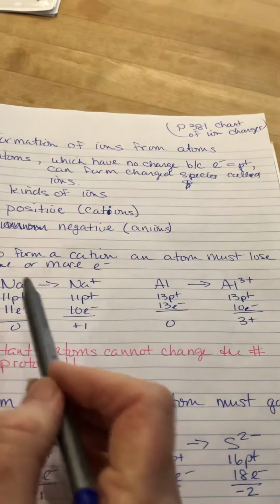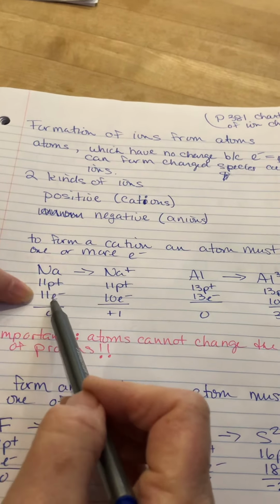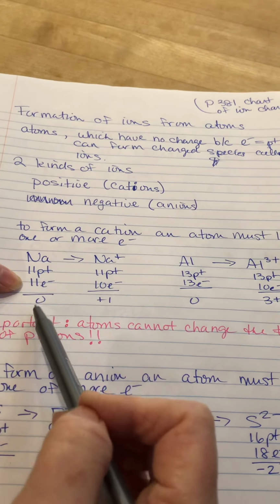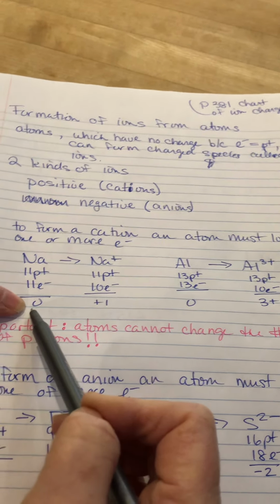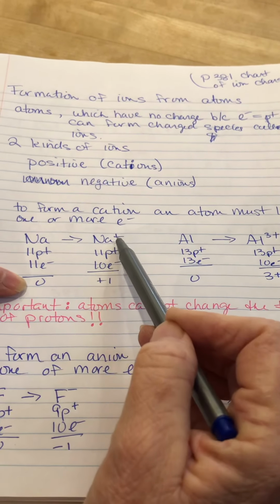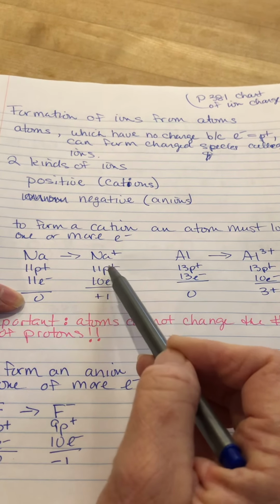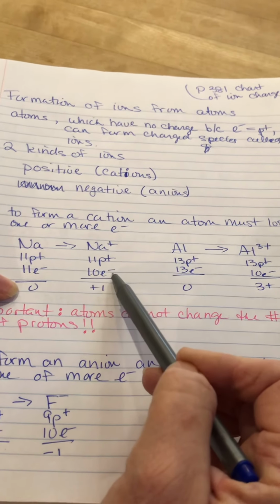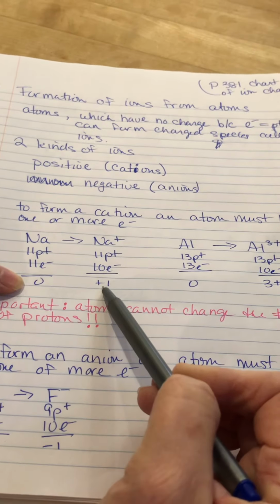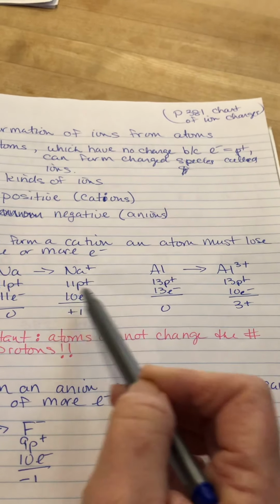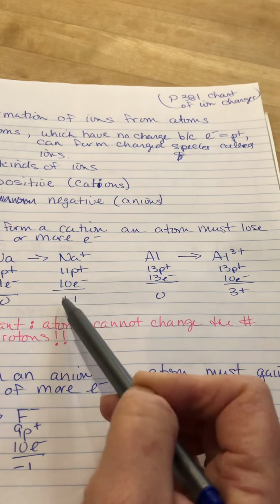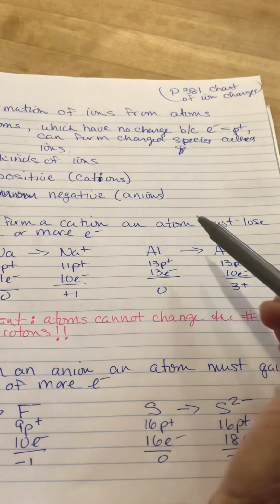Sodium has 11 protons and 11 electrons, which add up to a net charge of 0. If you form a sodium +1 cation, you have 11 protons and 10 electrons. 11 positive things to 10 negative things gives a charge of +1. So while we've lost one electron, we end up with a positive charge.